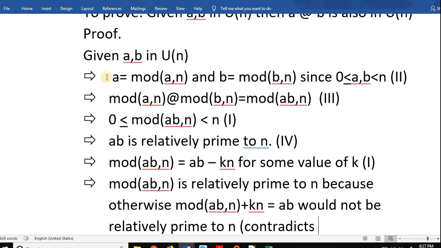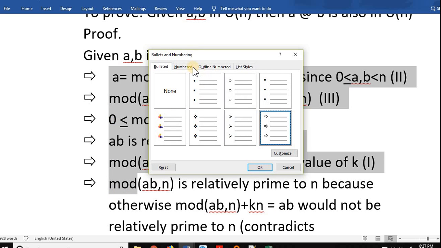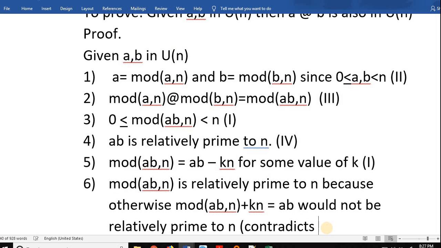Now instead of doing these arrows here, let me put numbers here, and that will be clearer, I think. Let's do numbers. All right. So this would contradict this 4 above.